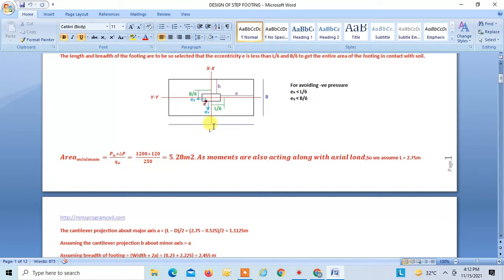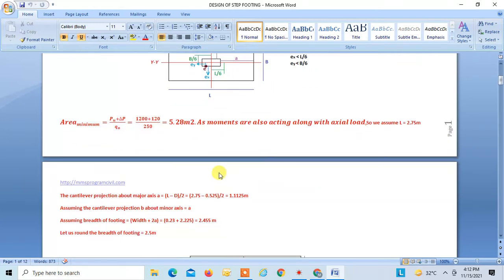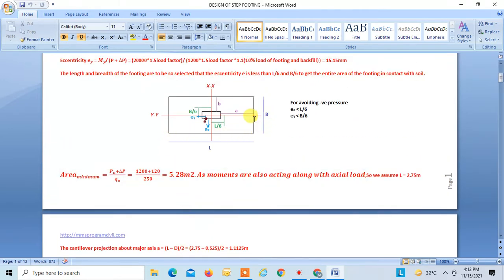So this is 2.75, this is 0.525 meters, this minus this divided by 2 is 1.1125 meters. So A is found to be 1.1125 meters.